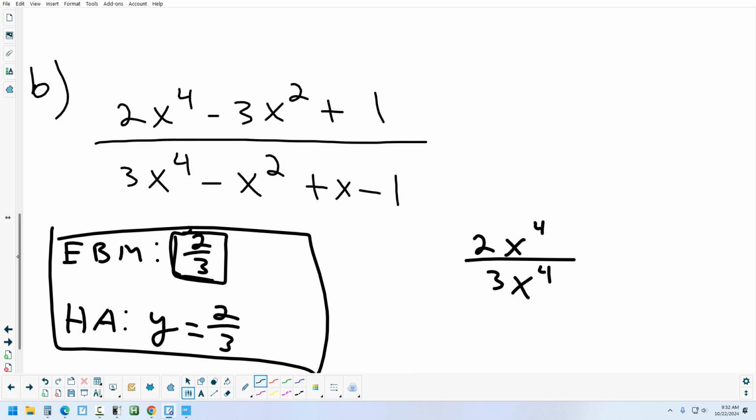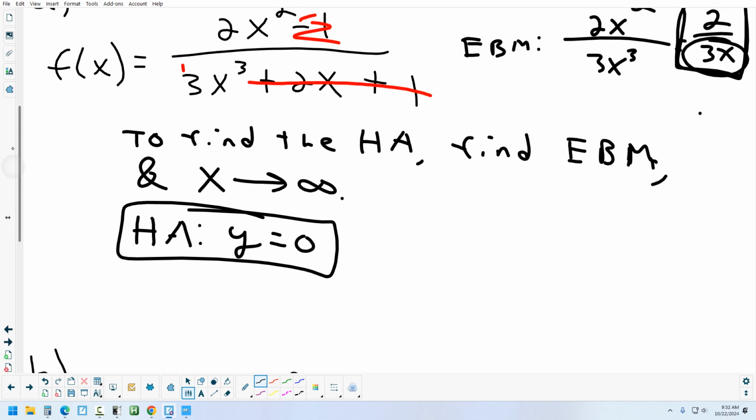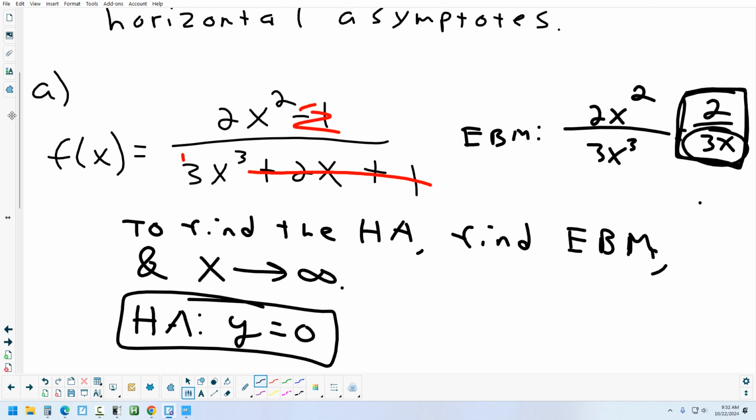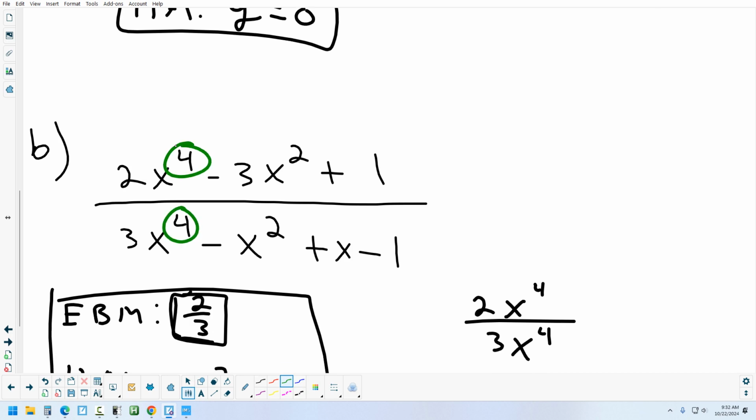And if you notice the difference, this one's at 2/3. This one was at 0. It will always be at 0 when that number is higher than that number. Always. Because that's going to cause more x's to be left in the bottom when that number is bigger than that number. When the two numbers are the same, all the x's cancel out.